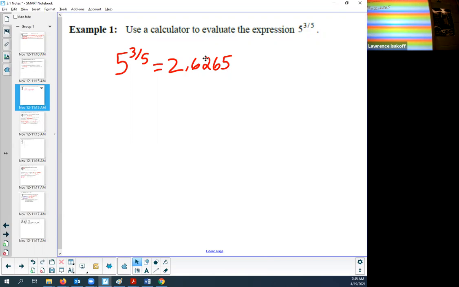Typically I like you to go either 3 or 4 decimal places. This way I can see that calculating this by hand would be a pain. All we had to do is put it in the calculator.